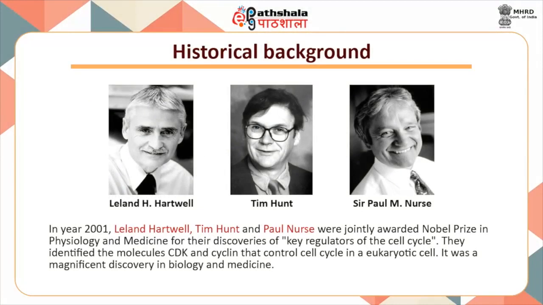Recently, at the beginning of the 21st century, three scientists, Leland Hartwell, Tim Hunt, and Paul Nurse, were jointly awarded the Nobel Prize in Physiology or Medicine for their discoveries of key regulators of the cell cycle.